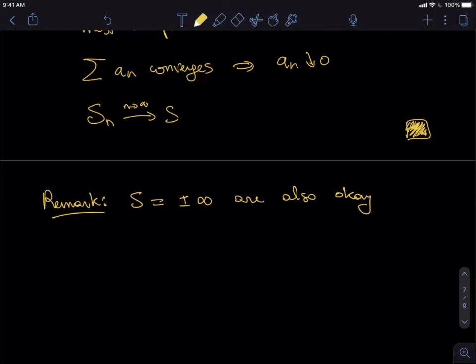And then continue adding positive terms and reach 1,000,000,000. And then one more negative term. And then continue adding terms, reach a trillion. One more negative term. You see what is happening here? It's going farther and farther out. So the sequence of partial sums is going to diverge, is going to go to infinity. And we can do the same for negative infinity.